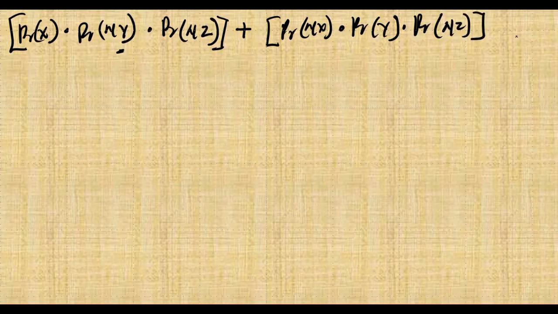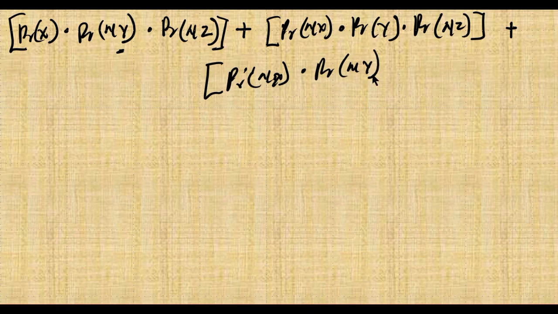Or finally, the last event that can happen is the probability of X not to hit the target and probability of Y not to hit the target and probability of Z to hit the target.